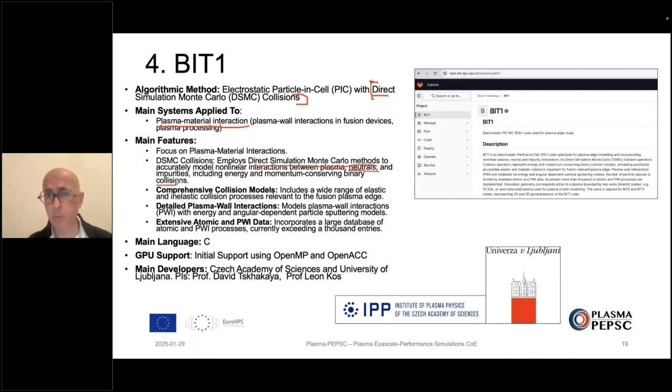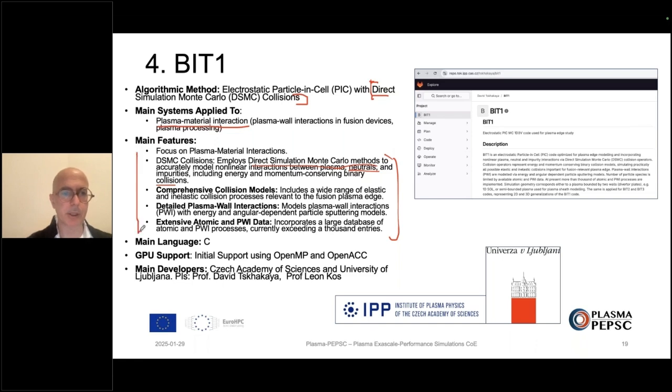So it has very wide and comprehensive collision models, a wide range of elastic and inelastic collisions. It has very detailed plasma-wall interaction models, and uses extensive atomic and plasma-wall interaction data. That is an extremely unique and also extremely beautiful feature of the code.